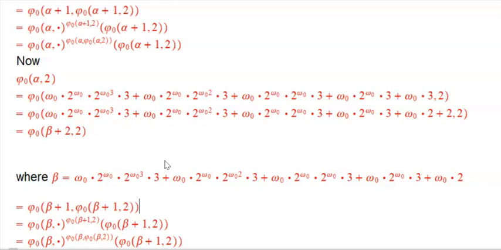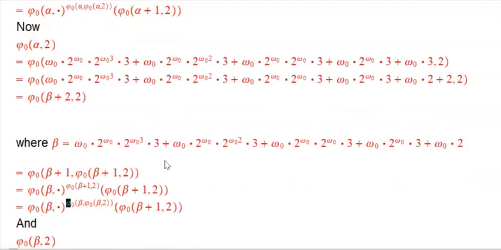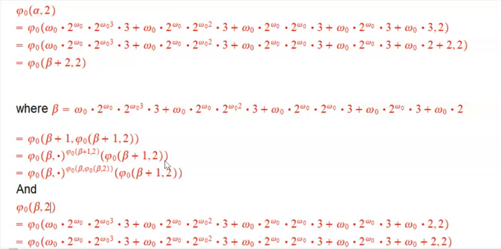Okay, now that's phi naught of beta plus 1 applied twice on 2. That's phi naught of just straight up beta applied this many times on itself. Let's expand that out. That's phi naught of beta on phi naught of beta 2. Okay. And now let's dive in again. Phi naught of beta comma 2. Again, that's not even the whole iteration exponent.